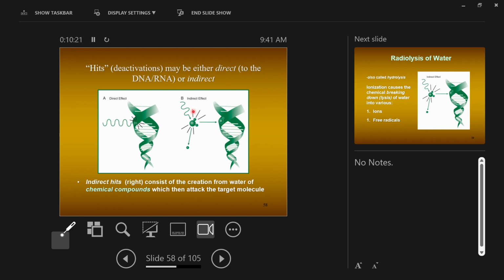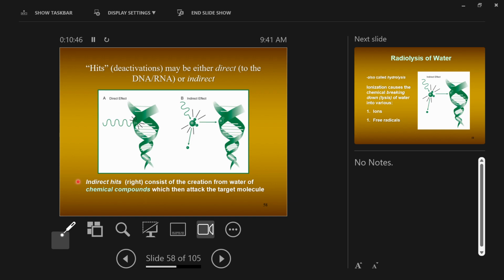For one, there are more of them, and two, they're easier to ionize. And when you ionize these water molecules, they become highly reactive. They tend to share or borrow electrons from nearby atoms, and that can tear apart DNA. That's what we're going to try to learn about in these upcoming slides.